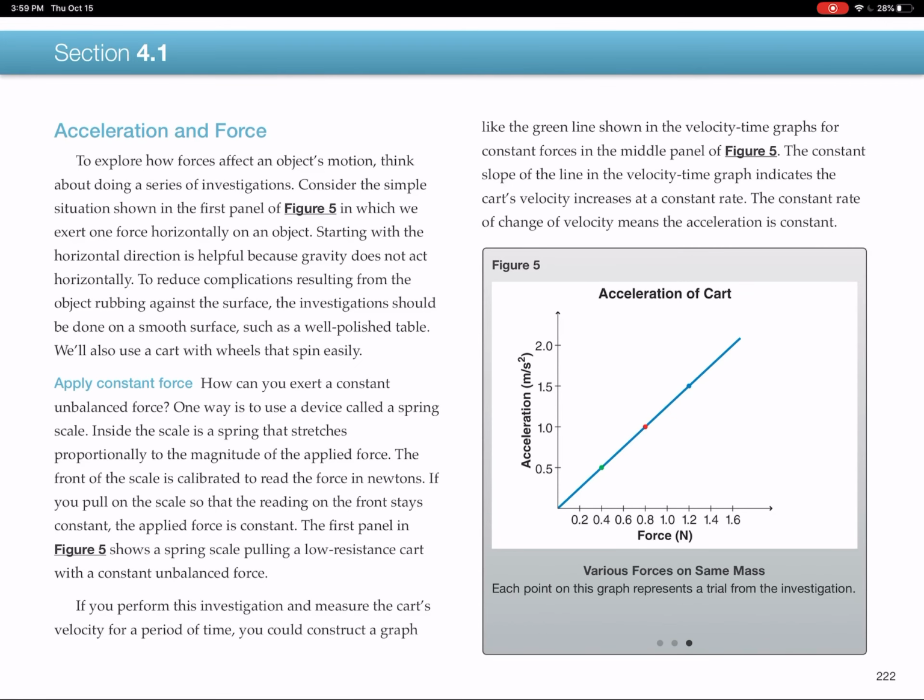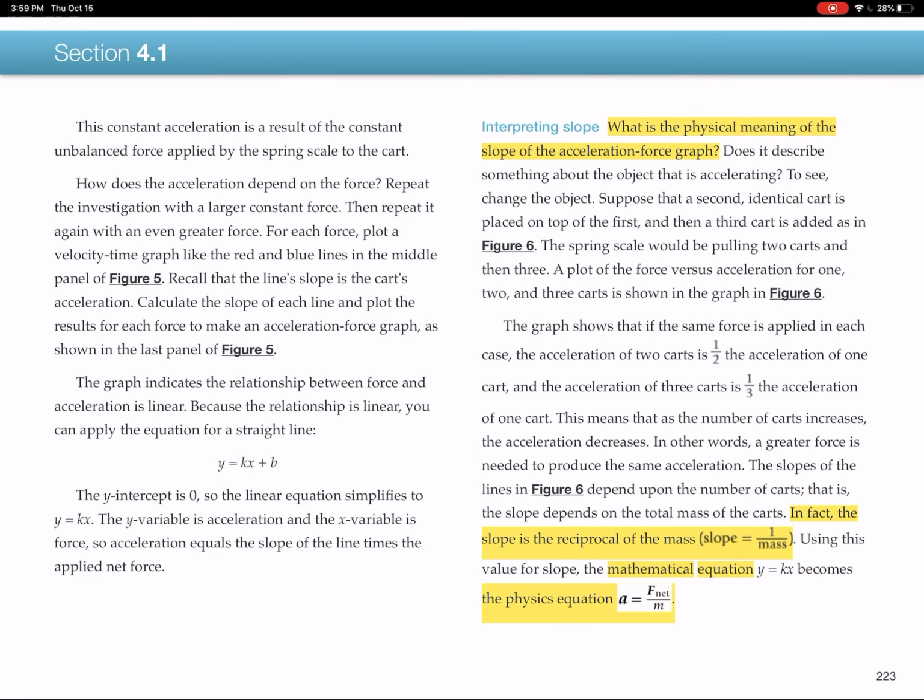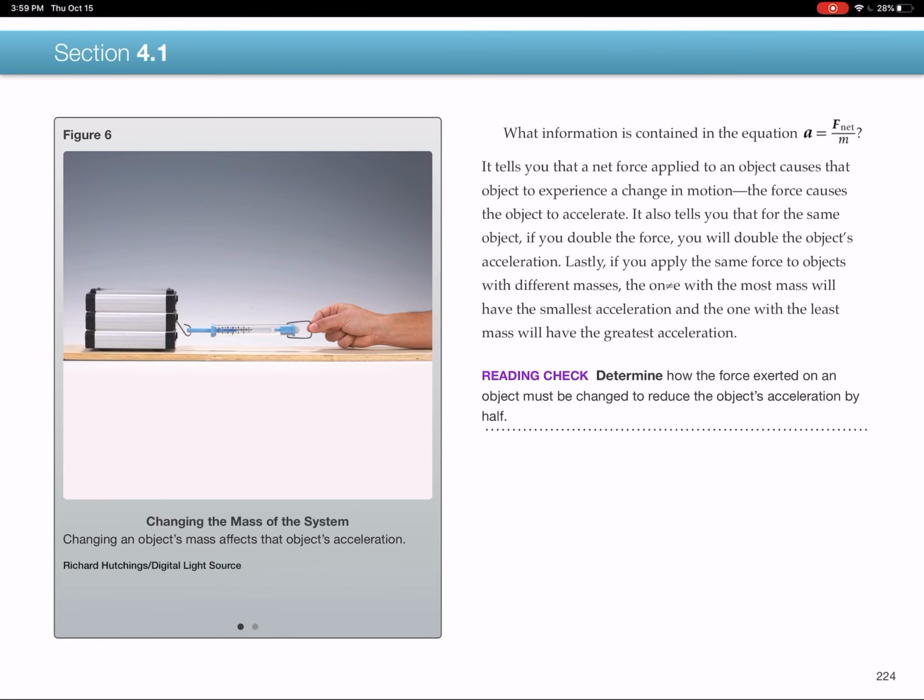There's also something else. You saw this in the Pull This lab. There's something else that we can do to change the acceleration of an object. If we were to change the mass of the system, in this case, I could pull with a certain amount of force on a single cart, then I could stack another cart on top of it, stack 3 carts, just change the amount of the mass.